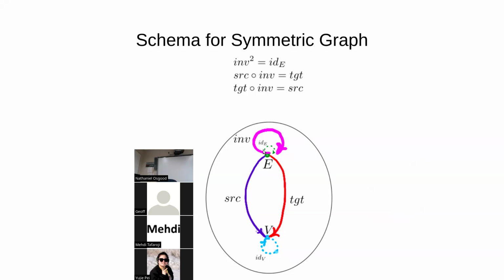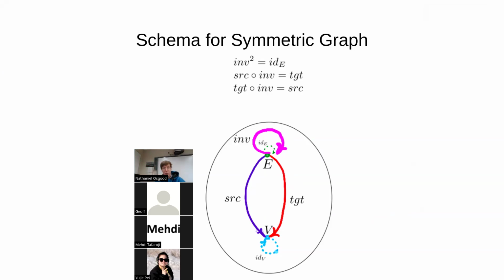Okay. So for every edge from X to Y, I have another edge that goes from Y to X.